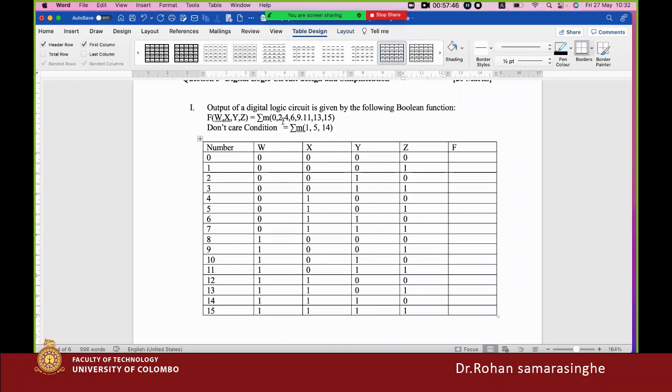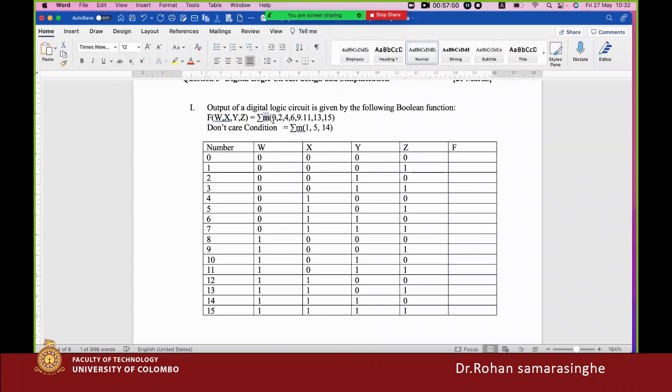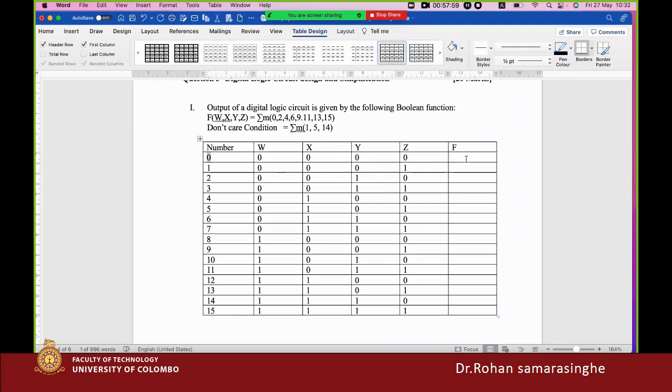So here in this case, the summation of many terms has been given like this. The number 0 has 1. Here we can put 1. And 2 also has 1. 4 also has 1. 6 also has 1.